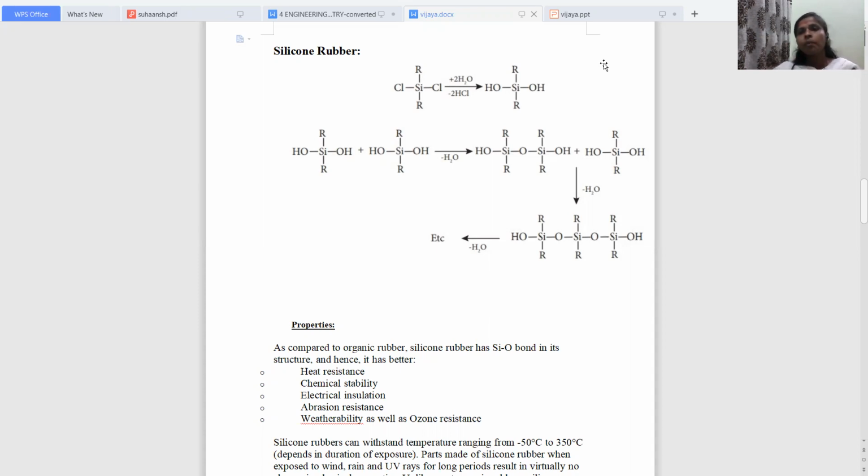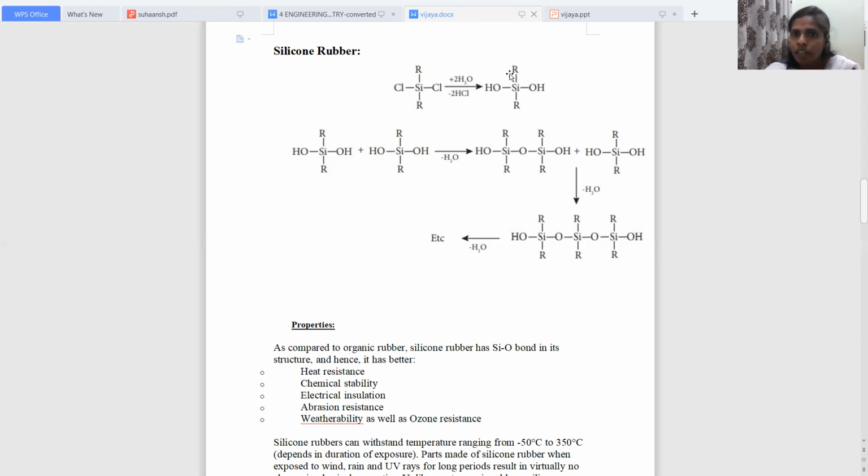In this example, I'm using dialkyl silicones, but we can use even trialkyl or monoalkyl also. Here R is nothing but methyl or alkyl. Here we have two alkyl groups, so this is called dialkyl dihydroxysilicone. But here I am using dialkyl dihydroxysilicone.